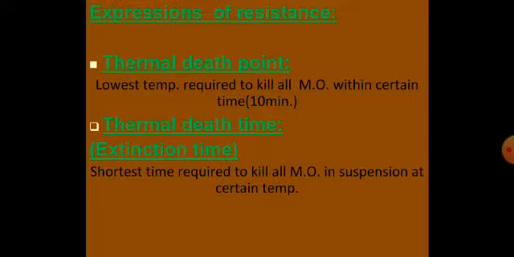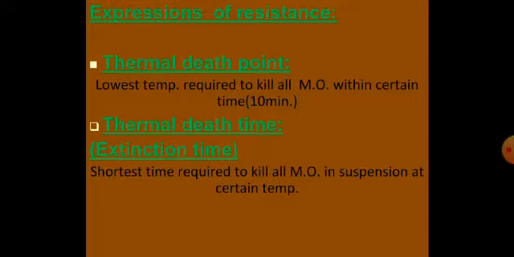It is very important to determine the thermal death point and thermal death time, as I want to obtain the lowest temperature required to achieve the sterilization process. I can make a much larger rise in the temperature, but why? It will cause damage to our product. As in the case of antibiotics, we can use large doses of antibiotic, much more than the MIC or the minimal inhibitory concentration.